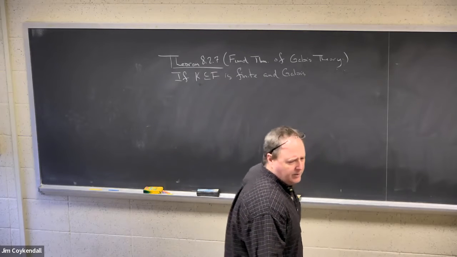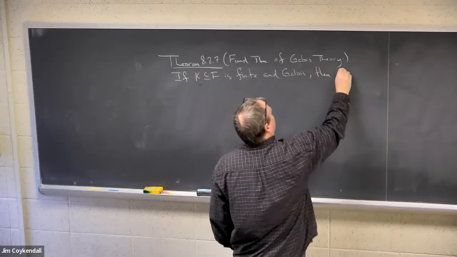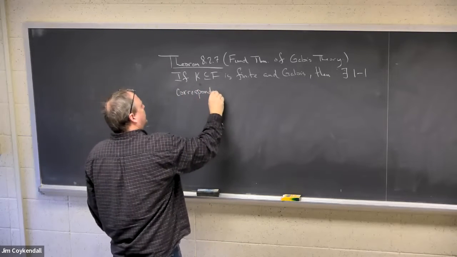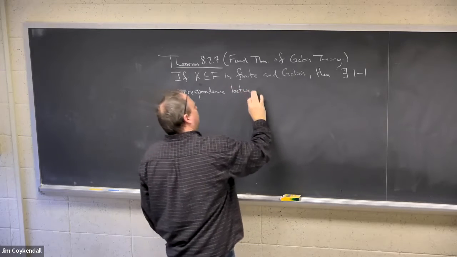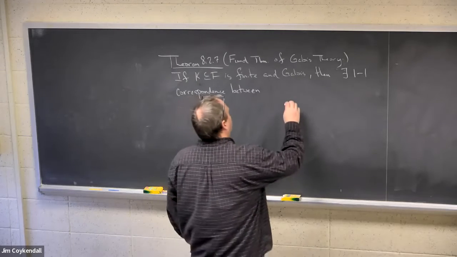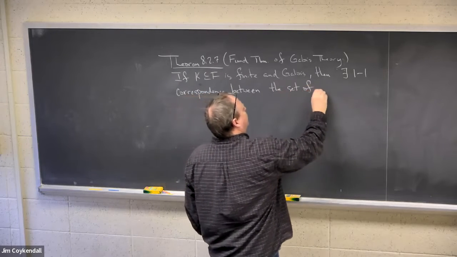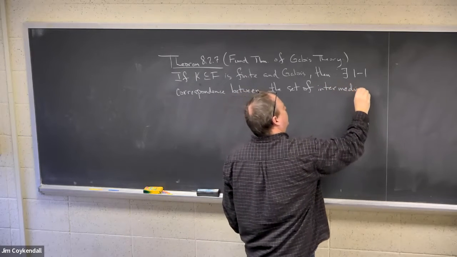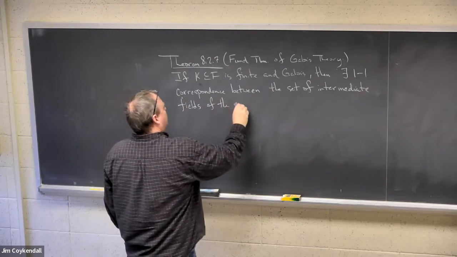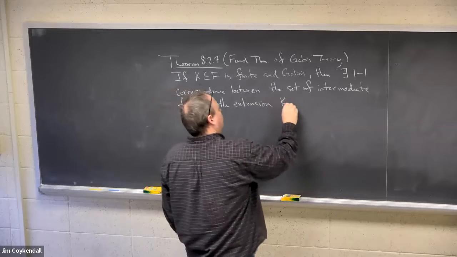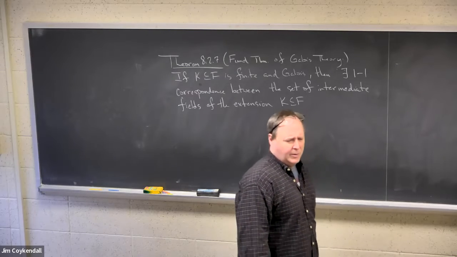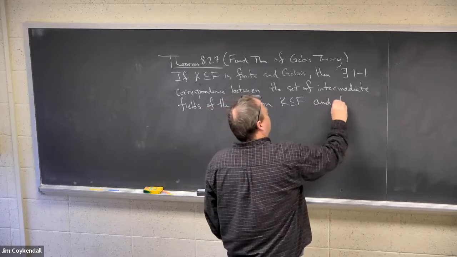And there's a 1-to-1 correspondence between the set of intermediate fields of the extension, the fields that you can find between K and F, and the set of subgroups of the Galois group.